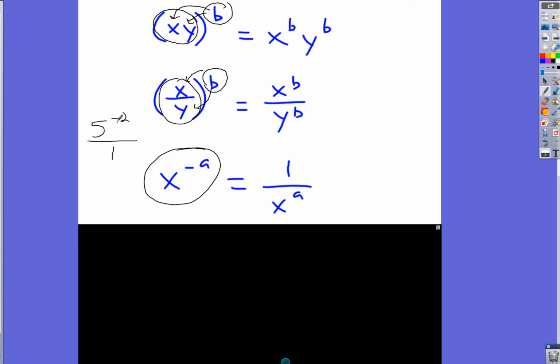So if I want to make this 2 negative, I would drop it as if it was hot, and then I could make it positive. What is 5 to the negative 2? It's the same thing as 1 over 5 to the positive 2. Now what's 5 to the positive 2? 25. So it's 1 over 25.